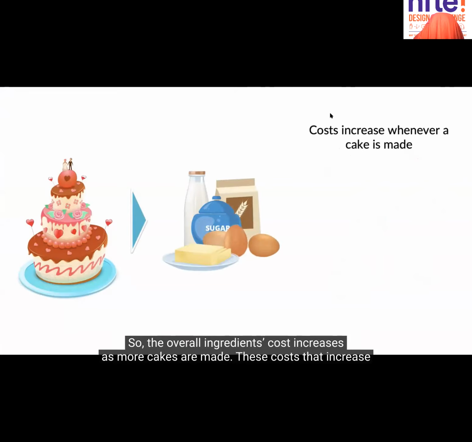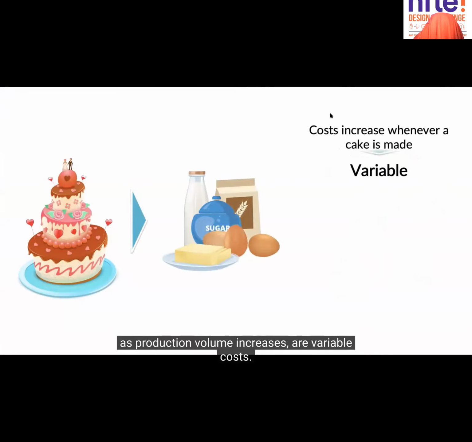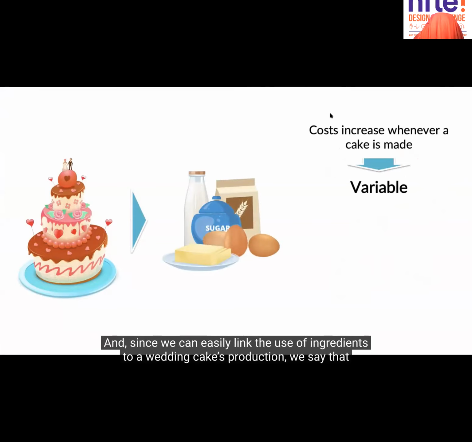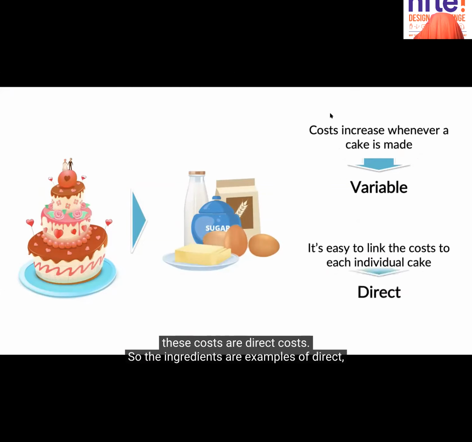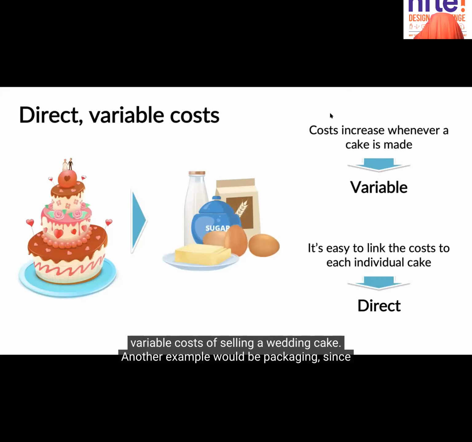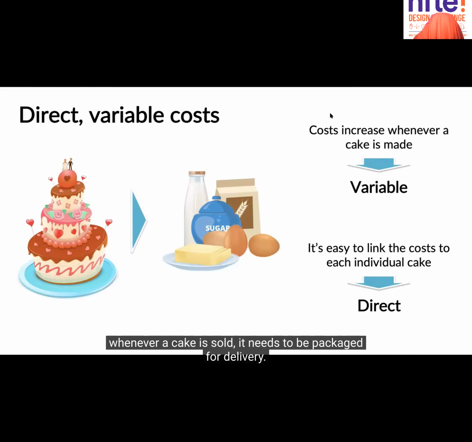So the overall ingredients cost increases as more cakes are made. These costs that increase as production volume increases are variable costs. And since we can easily link the use of ingredients to a wedding cake's production, we say that these costs are direct costs. So the ingredients are examples of direct, variable costs of selling a wedding cake. Another example would be packaging, since whenever a cake is sold, it needs to be packaged for delivery.